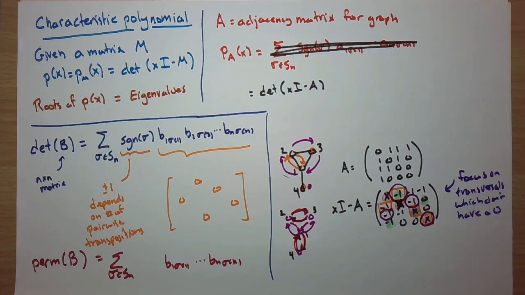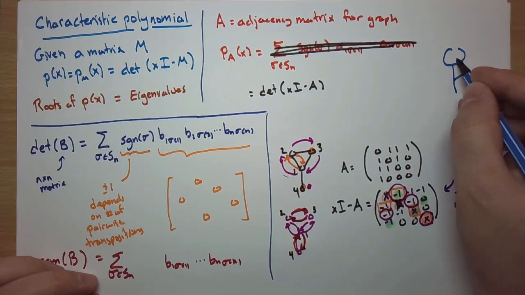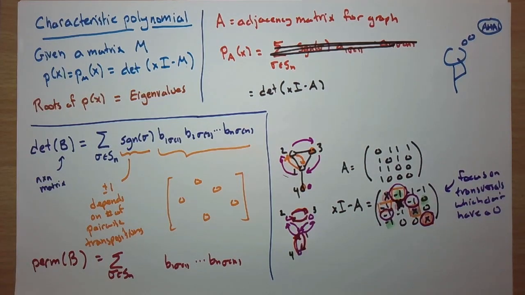And so there's sort of the great aha moment, as we often have. We have these aha moments when we're looking at things and we're like, aha. And the aha is to say cycle decompositions.